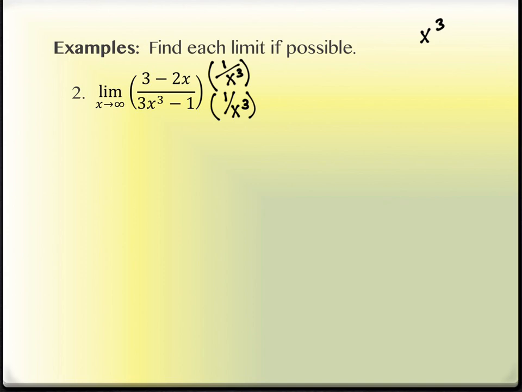The limit stuff's going to come along. We're not going to change any of that until we actually deal with it. So every single time we're going to write limit x approaches infinity. But we're going to distribute this fraction across each piece of our numerator and denominator. So I have a 1 over x cubed times 3. That gives me 3 over x cubed.